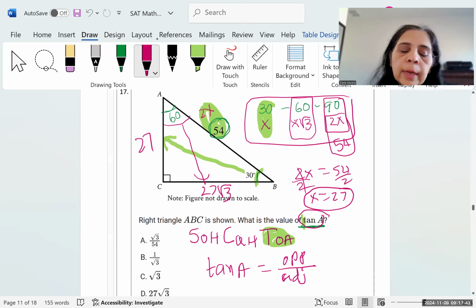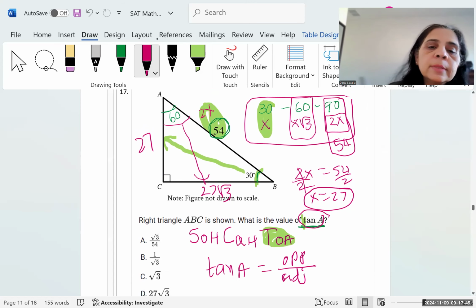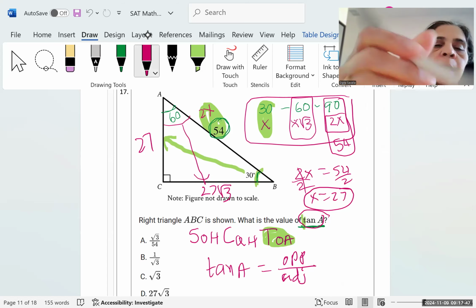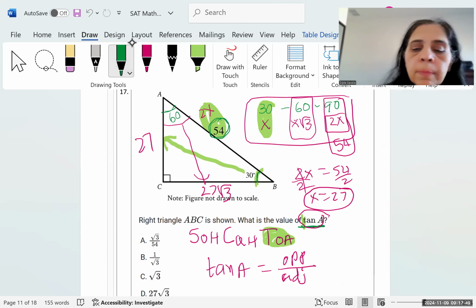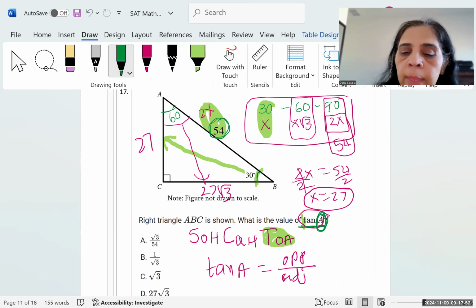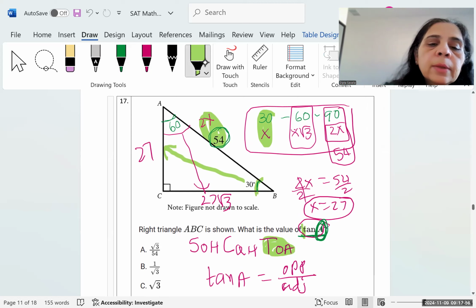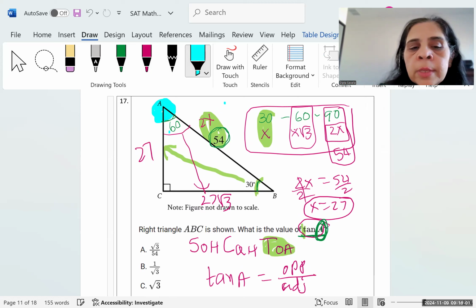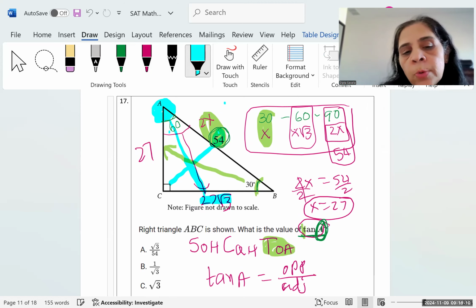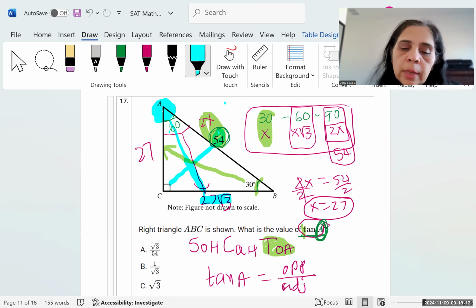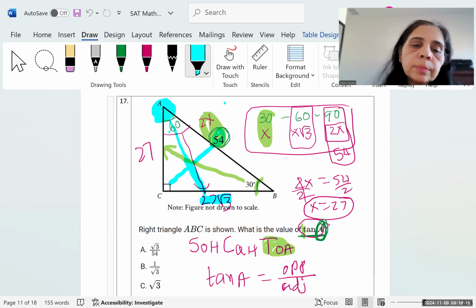How do we recognize the opposite? We have angle A, that is my reference angle, right? So this is the reference angle, and this is the opposite side. The hypotenuse will stay the same all the time, opposite of the 90 degree angle. It will not change for any triangle.